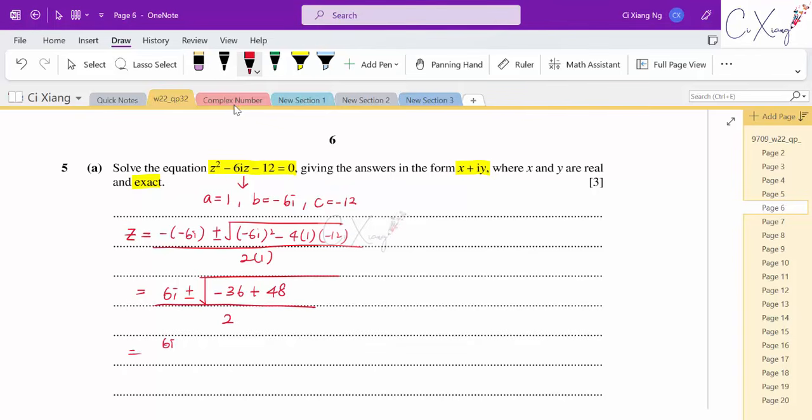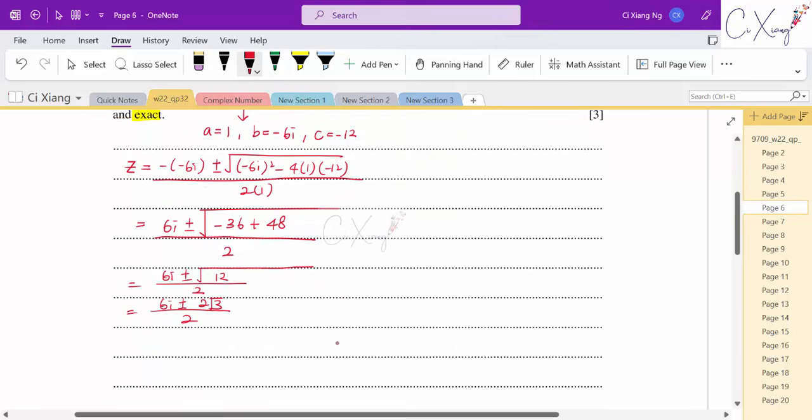Further simplifying, I will have 12 divided by 2, and then 4 times 3, so I have 2 square root 3 divided by 2. If I expand my answer, I will have two answers basically.